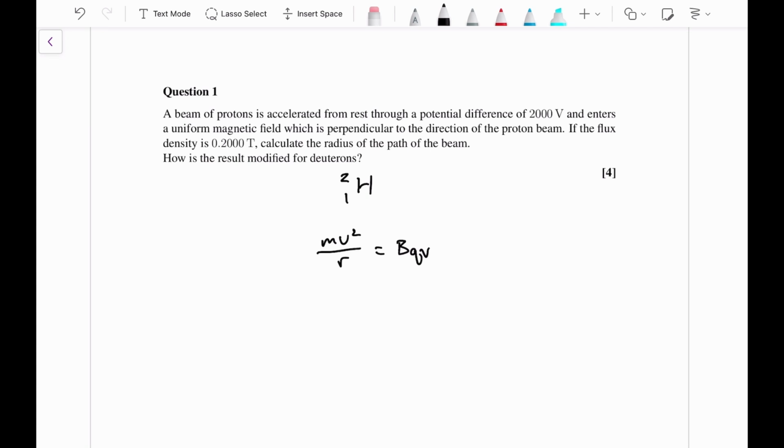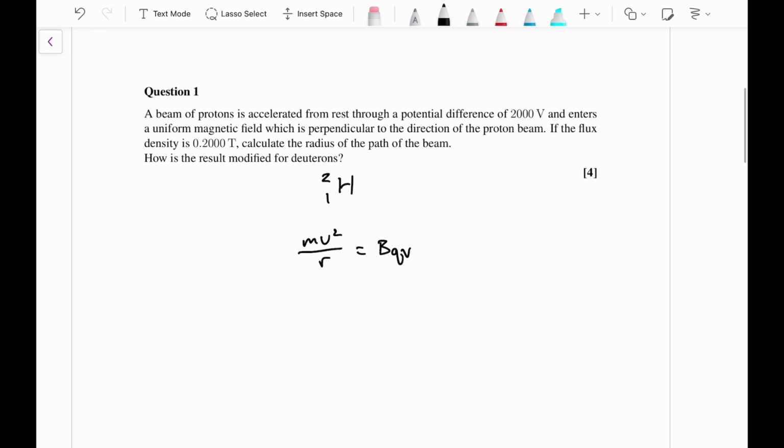We want to calculate r, and we know the mass, and the magnetic flux density is given, and we also know the charge. The only thing we don't know is the velocity, and the velocity can be derived from the potential difference given in the question.